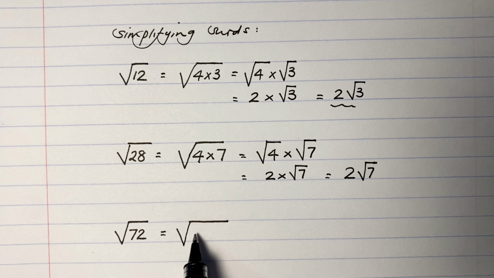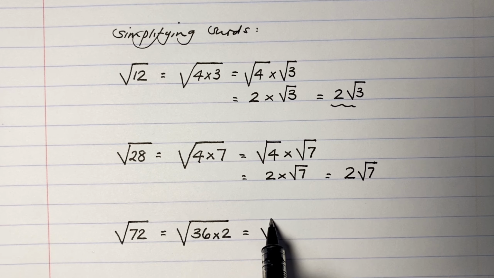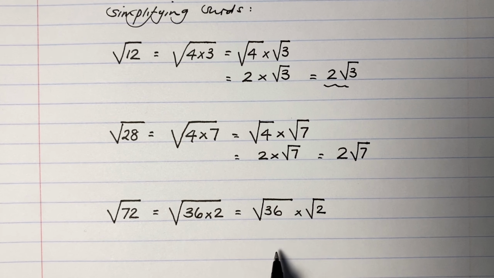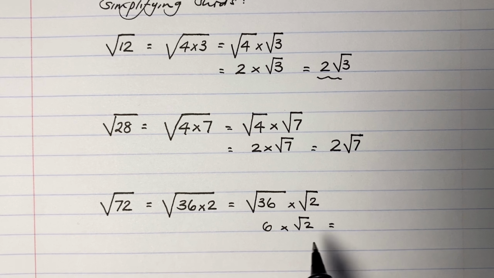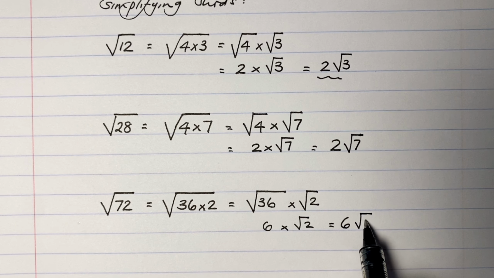I choose 36. 36 is the biggest square number that can go into 72, twice. I split that as 2 surds. Root of 36 would be 6 times root 2. So root of 72 can be written as 6 root 2.